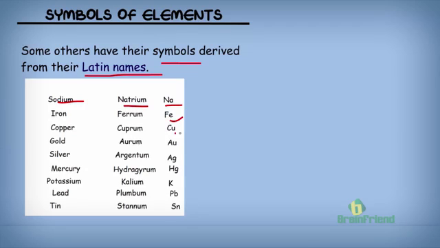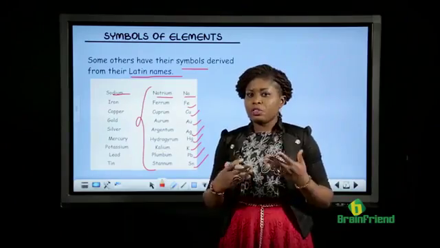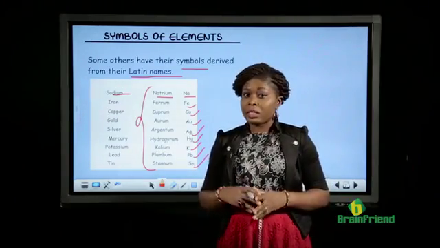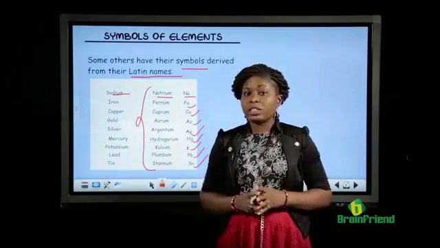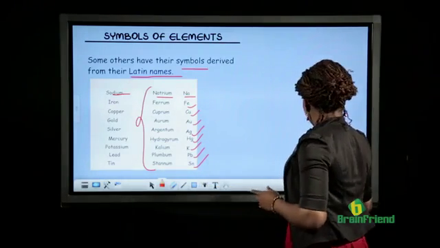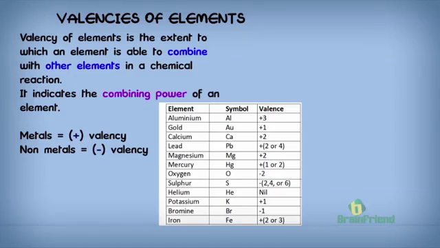Others are iron, copper, gold, silver, mercury, potassium, lead, and tin. As you can see, these are their Latin names, and from these Latin names, we derive their symbols. You can also do your research to find out other elements that have different ways in which their symbols are derived.